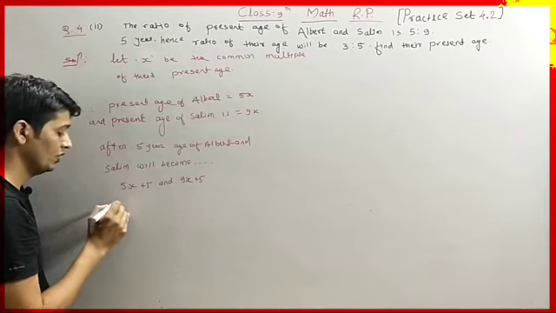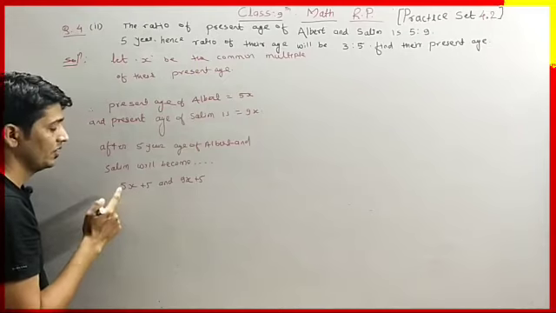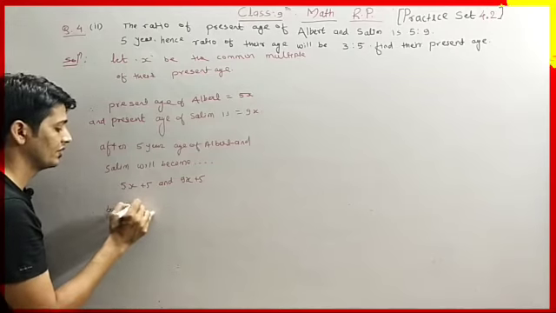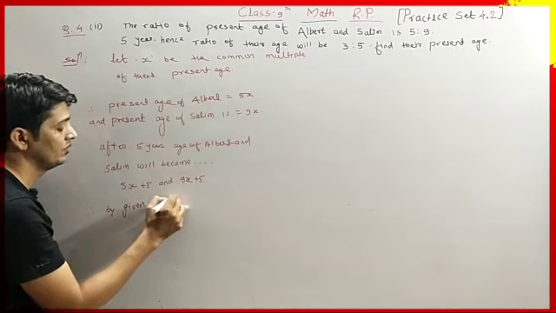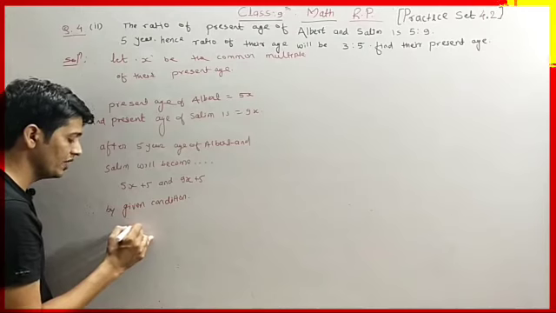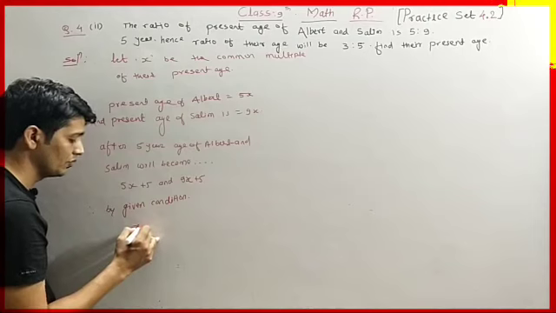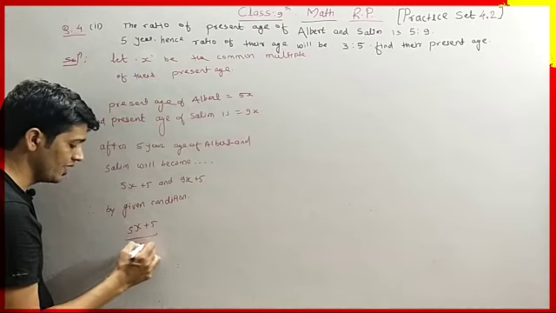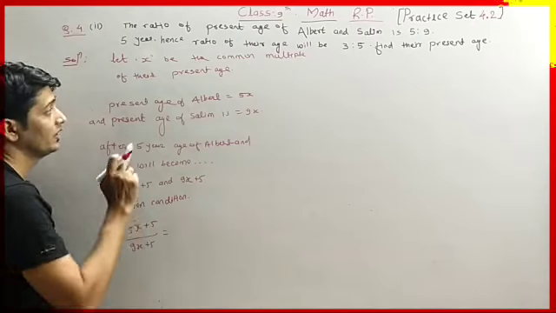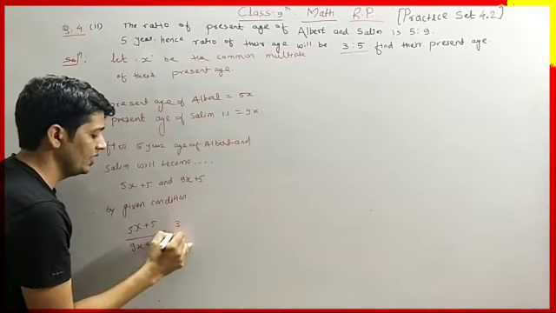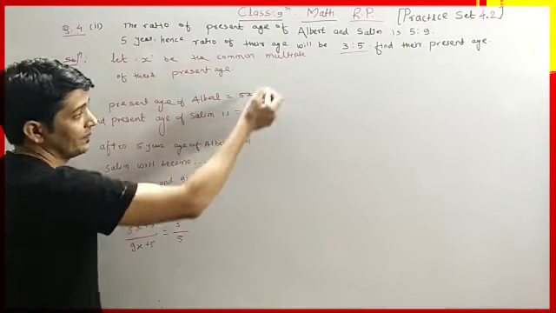Therefore, by the given condition, after 5 years the ratio of their ages will be 3:5. So (5x plus 5) divided by (9x plus 5) equals 3 divided by 5.